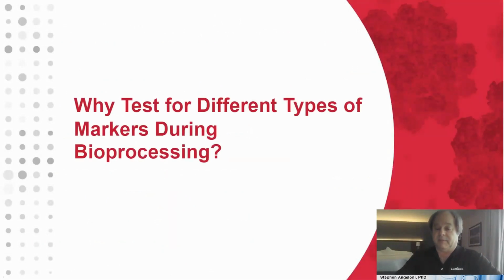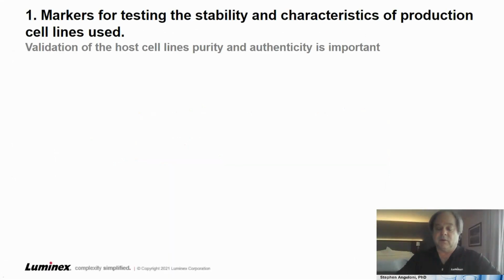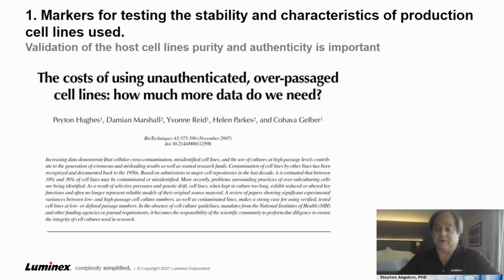So why test different types of biomarkers using multiplexing? One of the reasons why you should use the platform is that biomarkers for testing the stability and characteristics of production cell lines are required because you have to validate the purity and the authenticity of the cell lines. It's very important when you're using cells as bioreactors to know that your cells are going to be pure and the correct cell type when using them to generate biologicals.